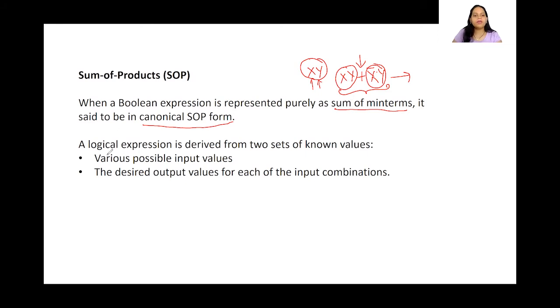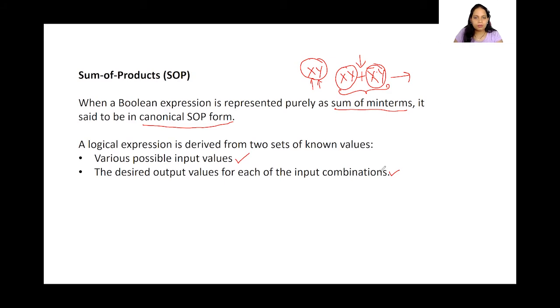Now, a logical expression is derived from two sets of known values. We have to derive a logical expression in the form of sum of products. How are we going to do that? This particular Boolean expression can be derived using two sets of values. The first one is the various possible input values and the desired output values for each input combination.